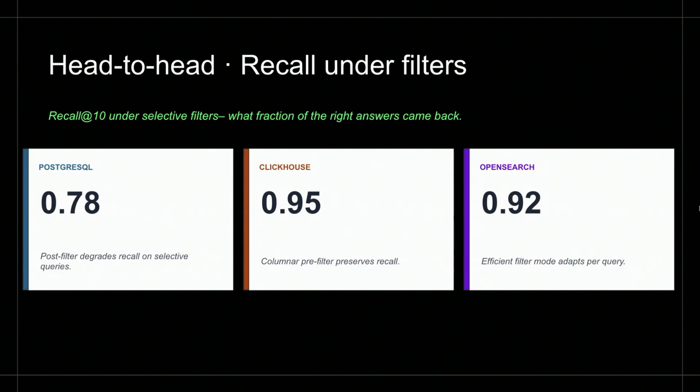The next thing I measured was recall under filters. For ClickHouse, around 95% of the answers returned were accurate, OpenSearch was comparable at 0.92, and PostgreSQL was around 0.78.